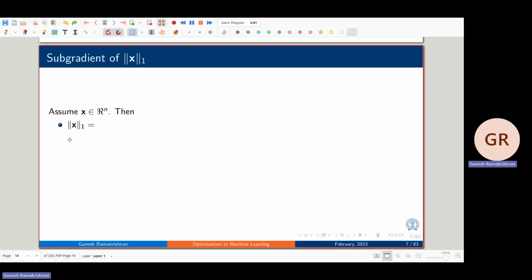So max over what? Max over this s of what? Now the rest you should complete. The 1 norm of x will be max of what? I won't proceed till someone suggests this. This is very simple, too simple to miss.